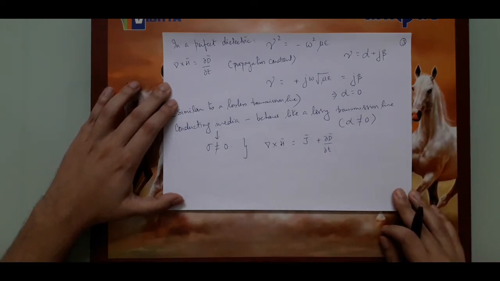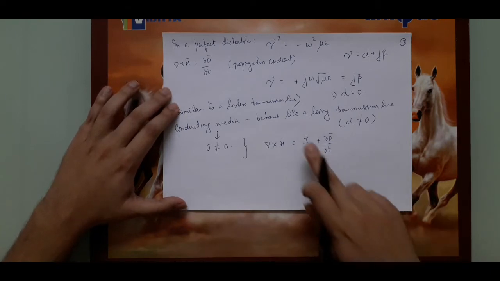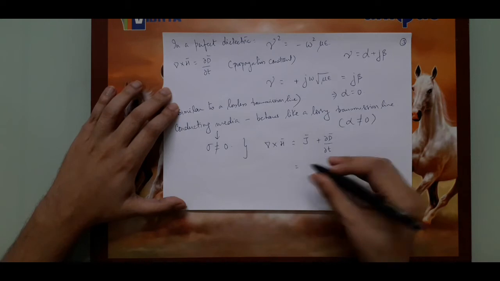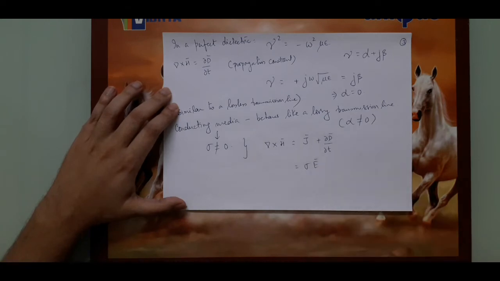So what will now happen? We can actually write the J and D as functions of electric field. So J is nothing but sigma times electric field. We are still assuming that the medium is isotropic.